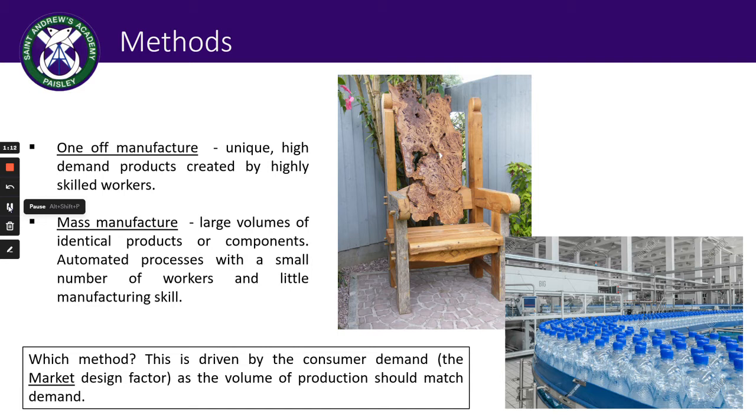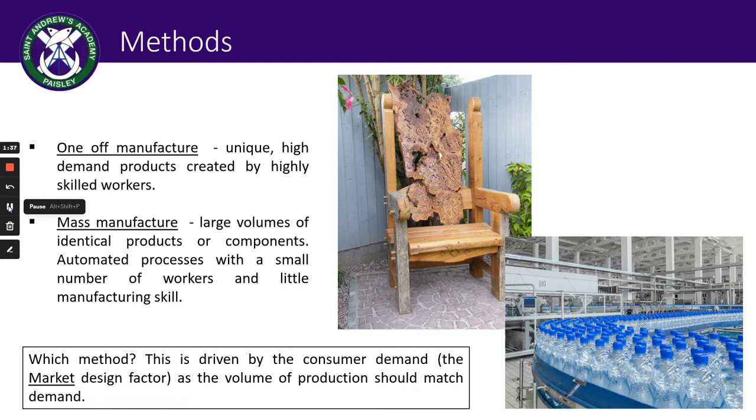So which method is right for a product really depends on the market. So this is one of our design factors that we looked at previously. And within the market context, what we have to consider is consumer demand. So if the consumer demand is there for a huge number of products, then we get something called the economy of scale.